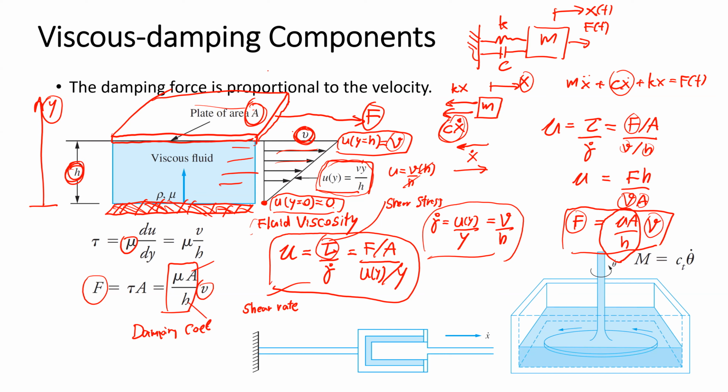It means that if you have one type of fluid with a fixed viscosity and you cannot change the layer height, if you increase the contact area A, you're going to increase the damping coefficient.